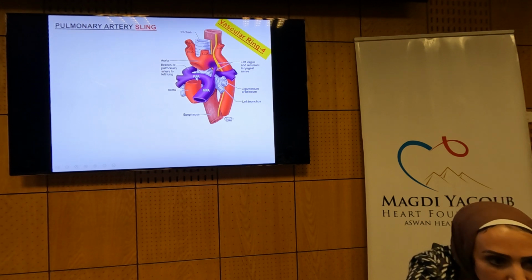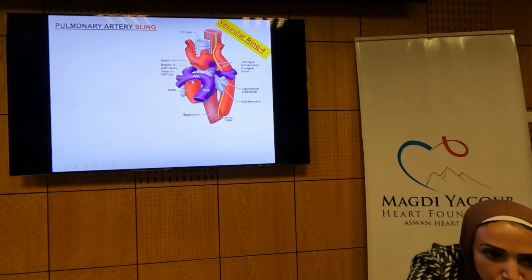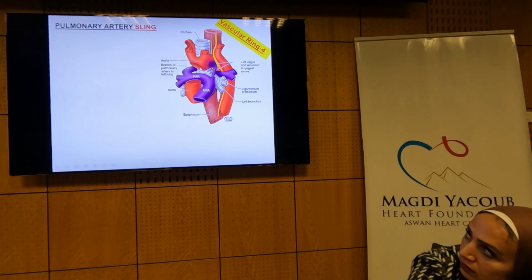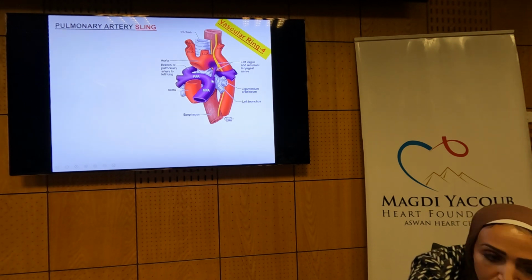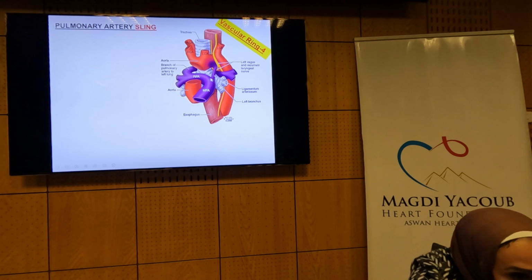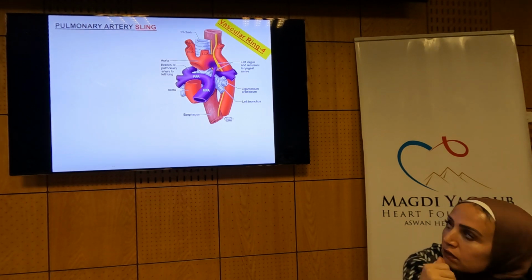Why is this one a complete vascular ring? Because we have the main pulmonary artery, and the right pulmonary artery encircled from the right side, going posteriorly here by the left pulmonary artery, and the ligamentum arteriosus usually on the left side. So a pulmonary sling is a complete vascular ring by default.